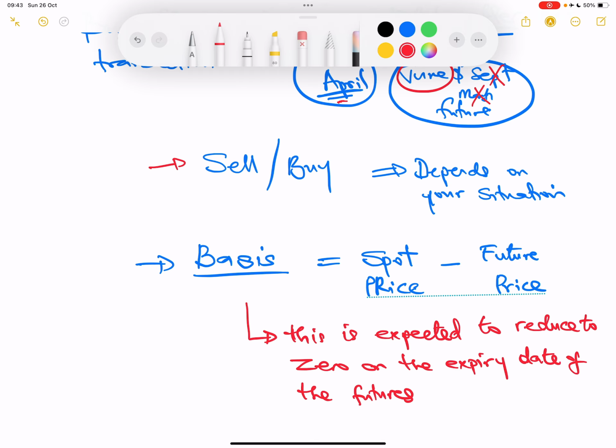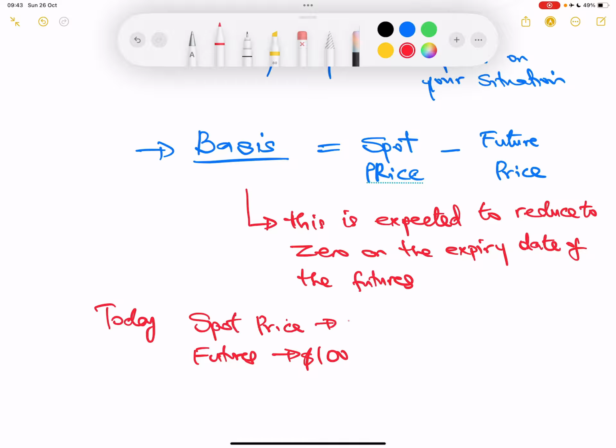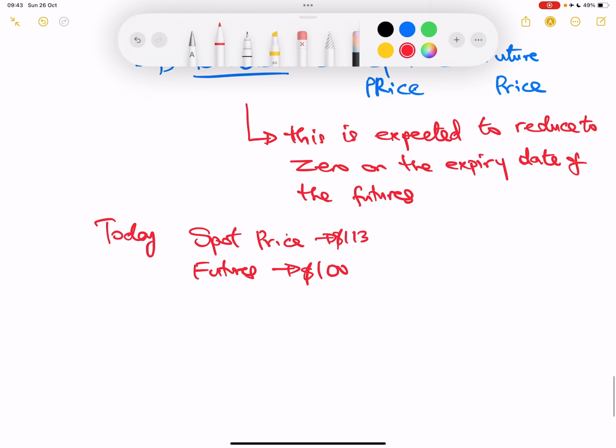So take for instance, if we say today we want to buy futures, and futures is trading at $100 on gold, then we ask, what is the spot price today? Maybe spot price is $113. So this is a 3-month future.